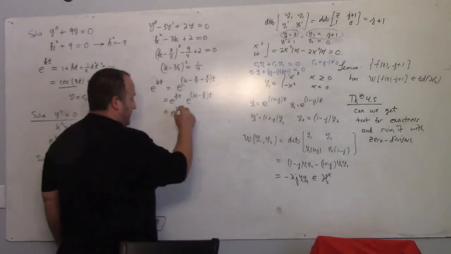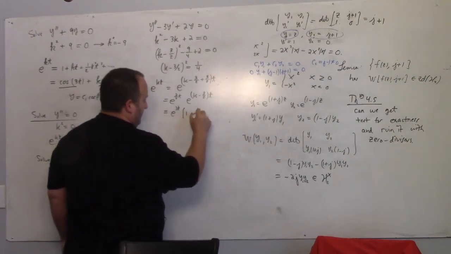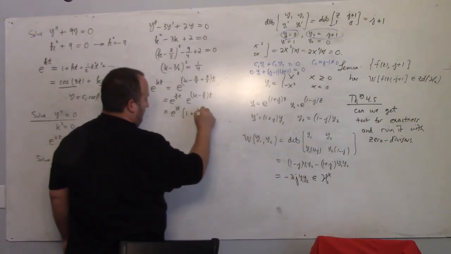I can start writing it out: this is 1 plus (k minus 3/2)t.